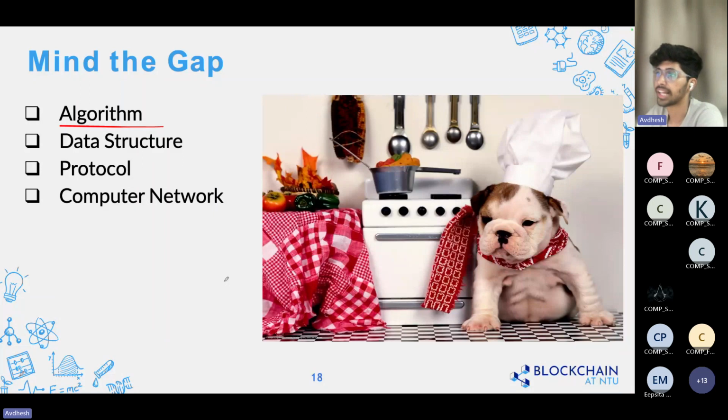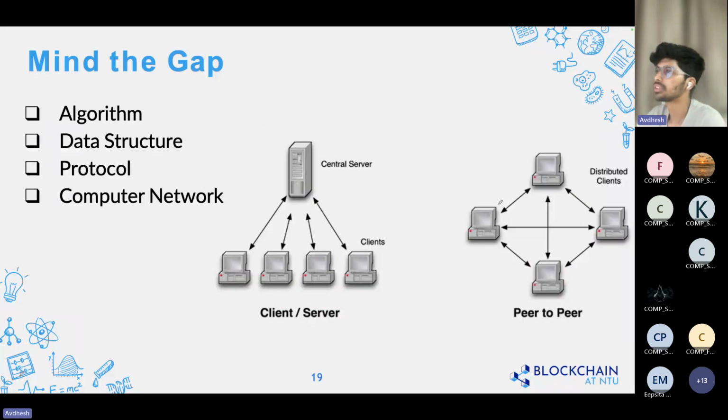For Dijkstra's, it's the shortest path among the paths. If you want to make a food dish, how do you make it? It's kind of an algorithm, right? There are predefined simple steps that you follow to make a dish.